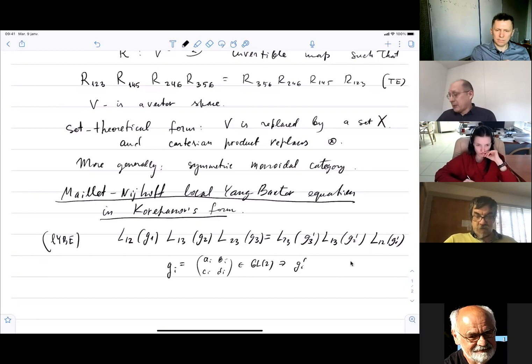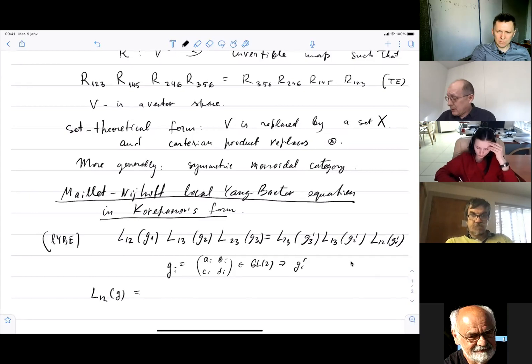And then L12 is a direct sum analog of R12 in the tensor product case. Maybe the simplest way to explain it is just to write out its explicit form. So the equation is written in the direct sum of 3 copies of the real numbers, for example, if that is our base field.